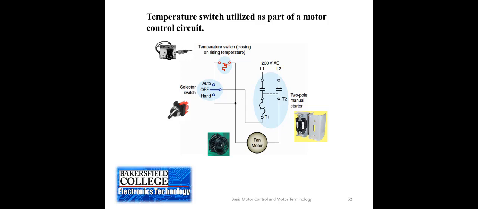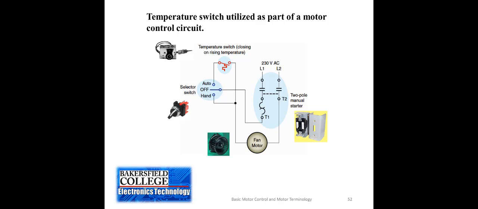Now you'll notice that this is two-wire control, with the temperature switch being the pilot device. On the right-hand side of the schematic, you'll see the starter. In this case, it's a two-pole manual starter, which looks like a light switch on the outside.